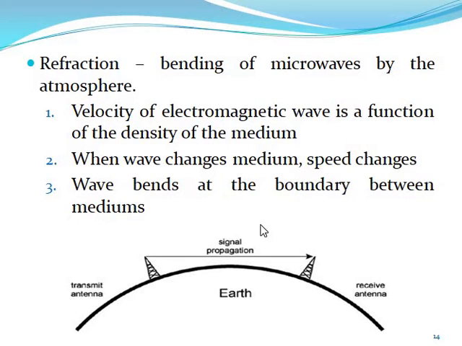So what is signal reflection? The electromagnetic signal travels depending on the density of the medium. It means the signal travels as a line of sight wave. If there is any change in the boundary or medium, the speed changes, and this causes a problem for the receiver. So this is the reflection mode.